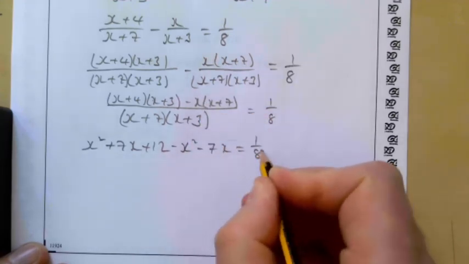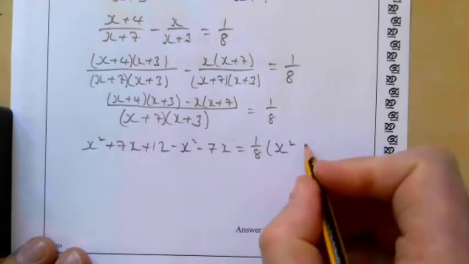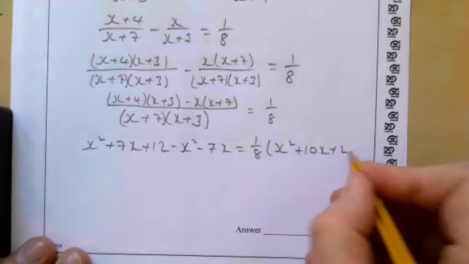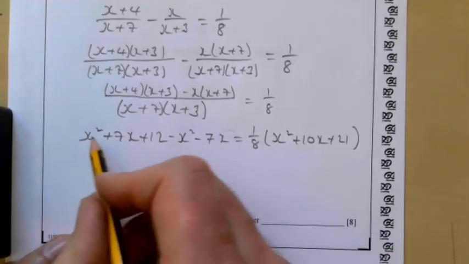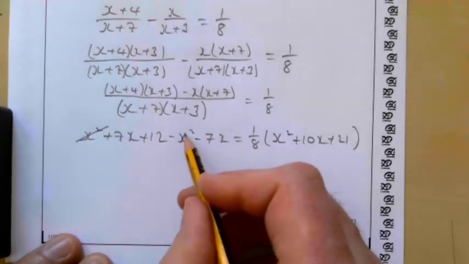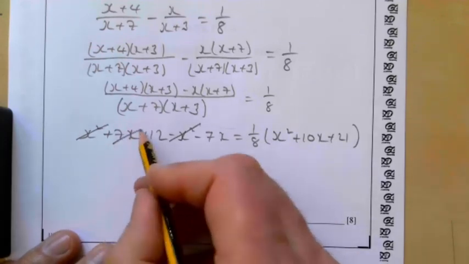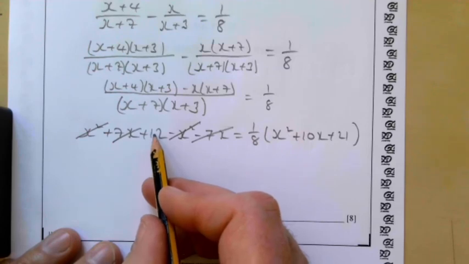That equals an eighth. And then if I multiply out this, I get x squared plus 10x plus 21. Here the x squareds are going to cancel, which is quite nice. Here the 7x's actually cancel each other out, and I just end up with a 12.